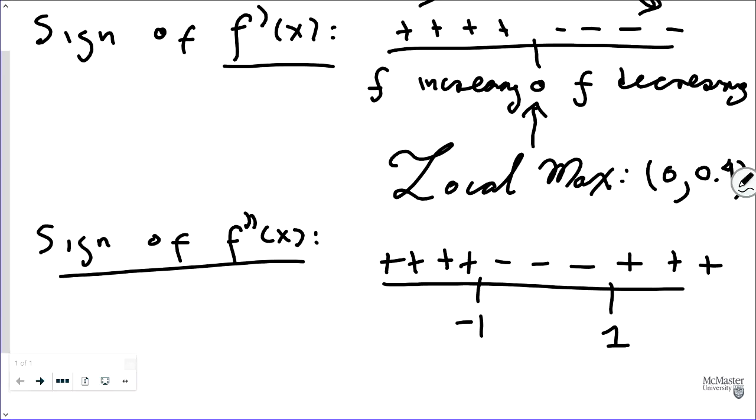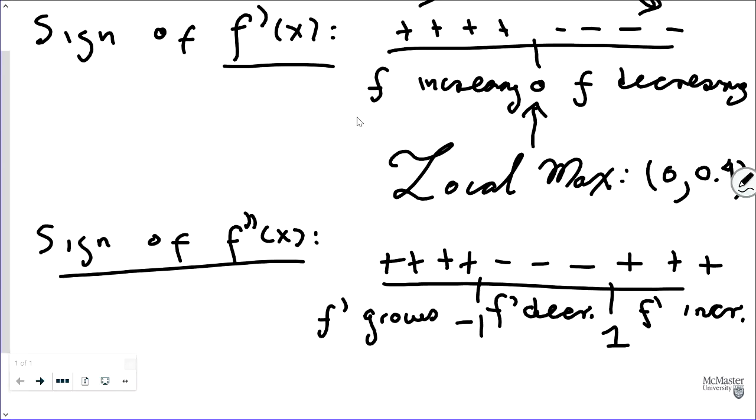So if we want to do a little by little interpretation of the sign of f double prime, this means that in this region f prime grows. Here in this region f prime decreases. And here f prime increases again. So if you look at the concavity, you would have something like this. In this region is concave up, in this region is concave down, in this region is concave up again.